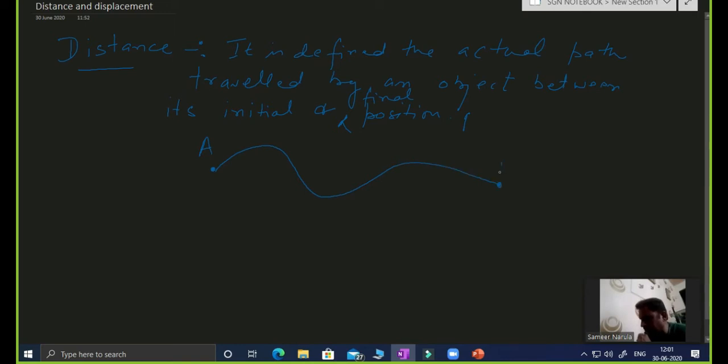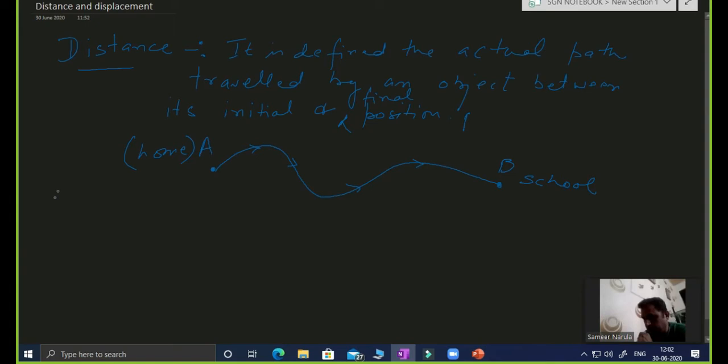This is your school and this is your home. Just try to see that the whole path which is traveled by you should be called the distance.